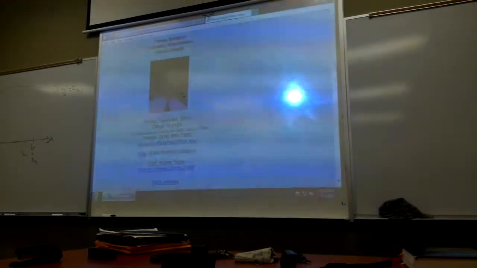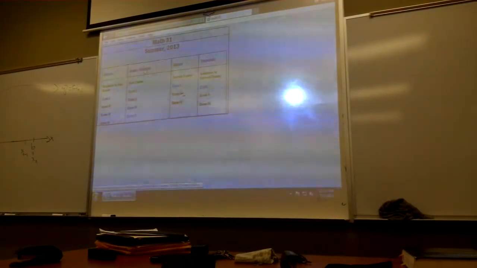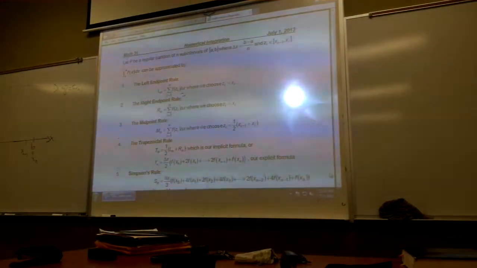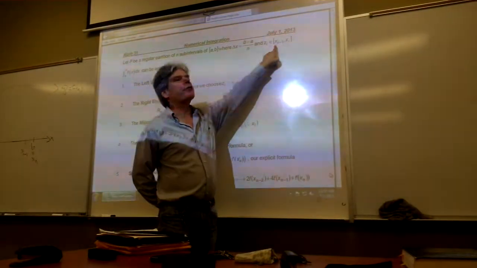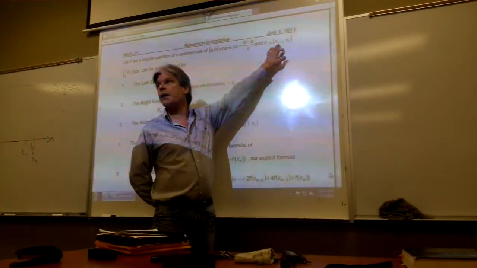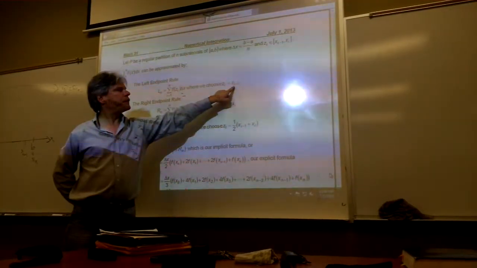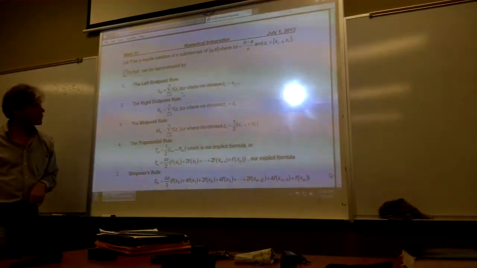Or how about if I say this in a slightly more organized fashion? In each of these subintervals, that's the ith one, I can choose my x value, I'll call it z sub i, in such a way that it is the left endpoint, the right endpoint, or maybe the midpoint of each of those subintervals.